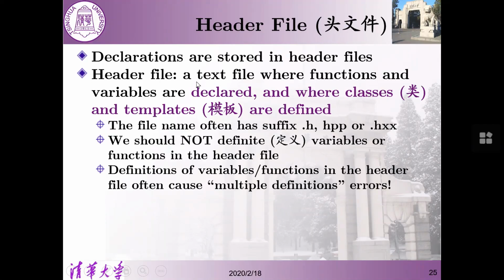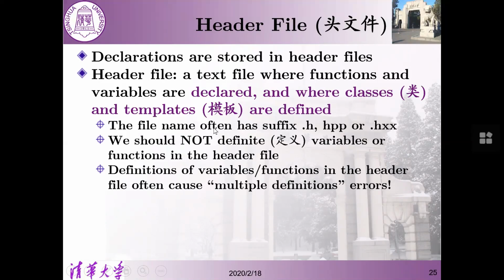Okay. Then these declarations are typically stored in the header files. So for multiple file projects, headers are very important. We need some header files. So a header file is a text file where functions and variables are declared. And also we will learn classes and templates later, and they are also defined in header files. Classes are similar to struct.